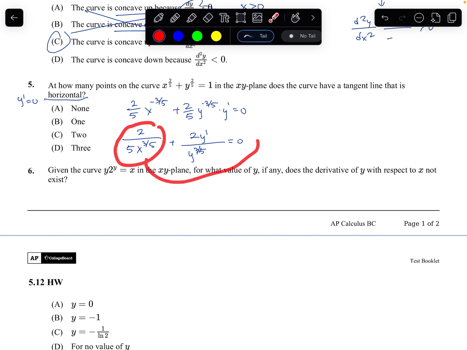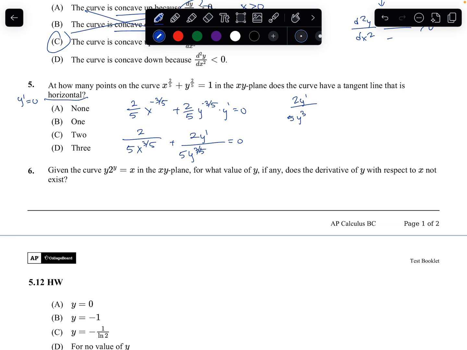If I subtract that over there, we're going to have 2y prime, oh, there should be a 5 right there, 5y to the 3/5 equal to -2 over 5x to the 3/5. Say I divide everything by 2, that gets rid of those. Say I multiply everything by 5, that gets rid of those.